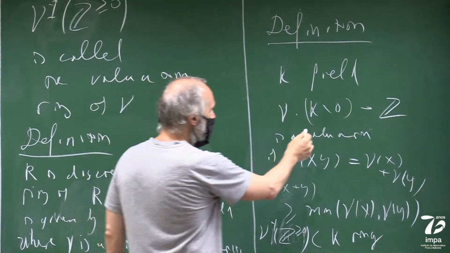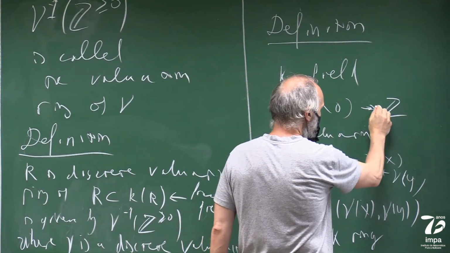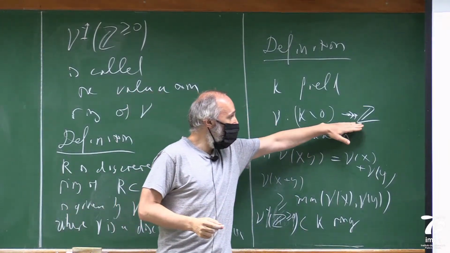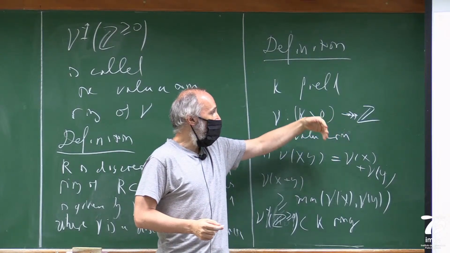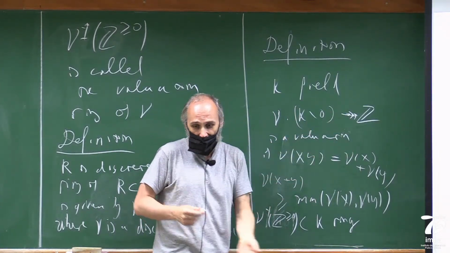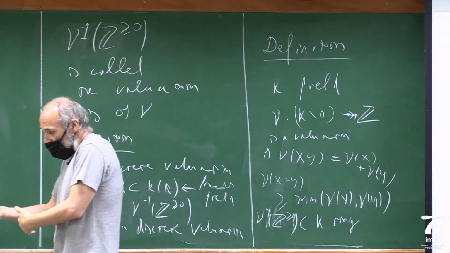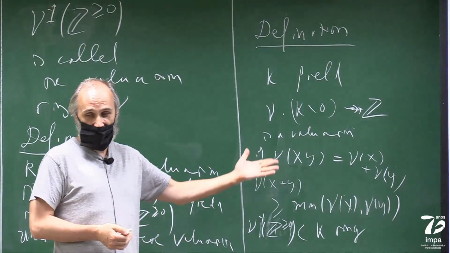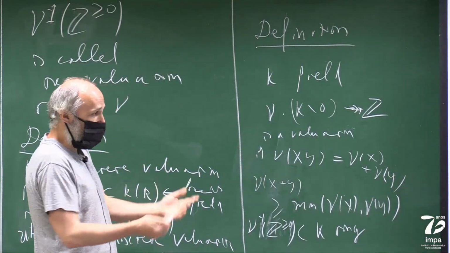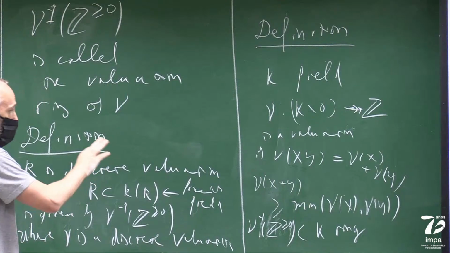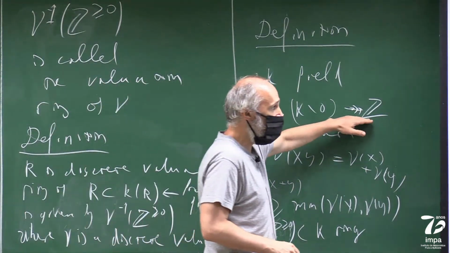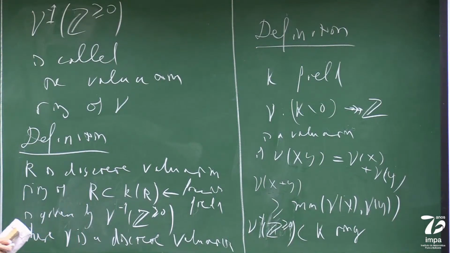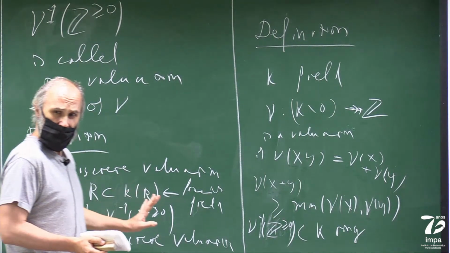I didn't say it, I should: this is surjective. Of course, if it's not surjective, then it maps this ring to some ideal in Z, and this ideal you can normalize by dividing by some n, and it will be surjective. So it doesn't really matter. Every subgroup of Z is cyclic, so you can always assume that this is surjective. Was I clear with this?